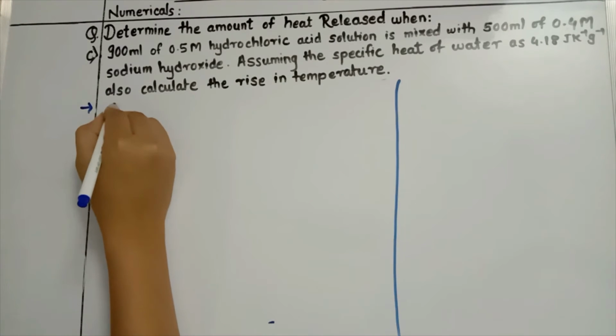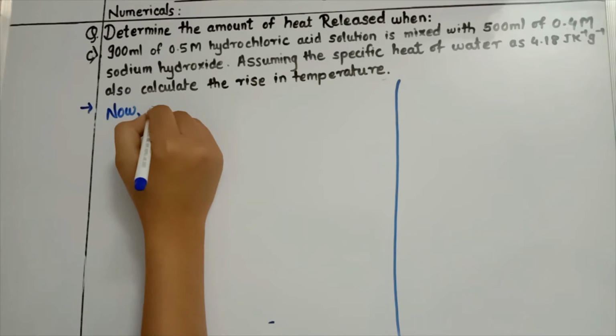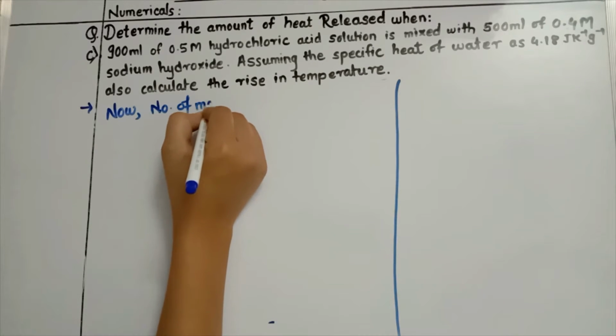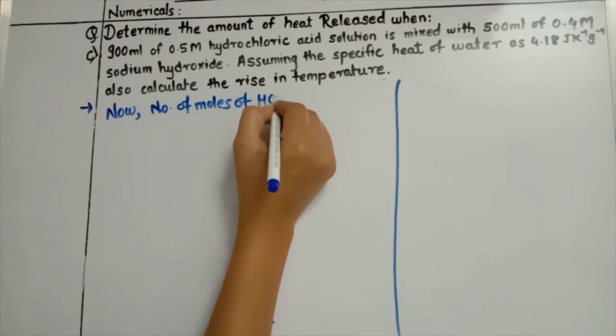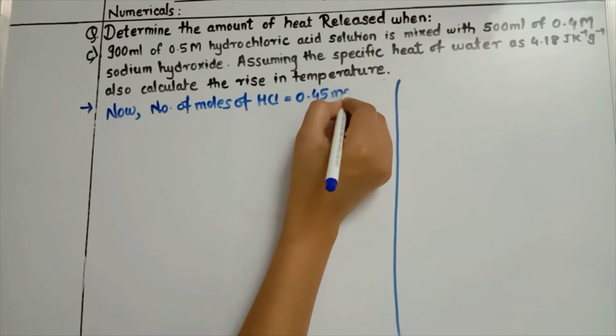Now we will start with our next part. Number of moles of HCl is equal to 0.45 mole.